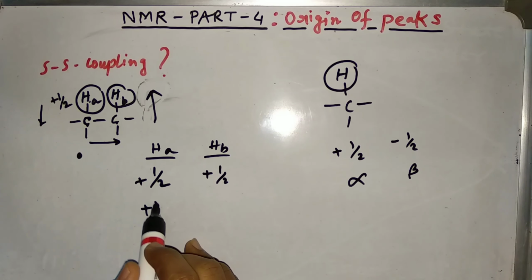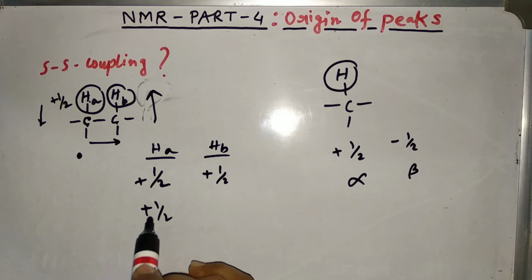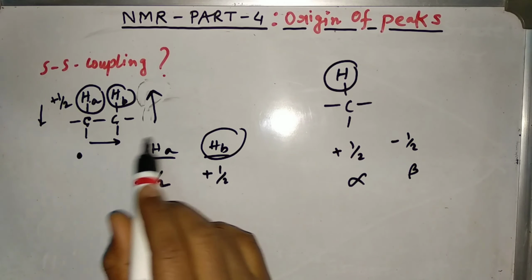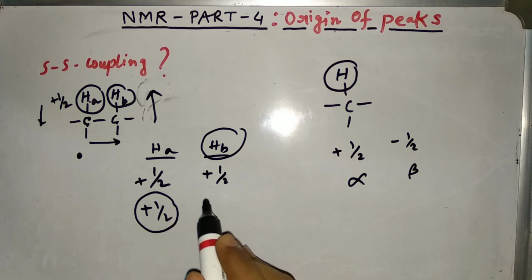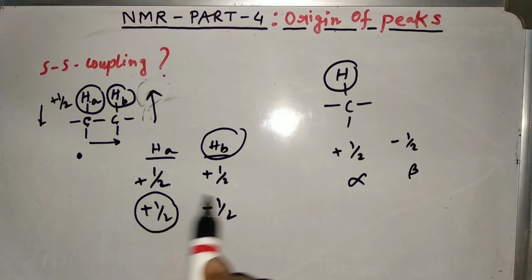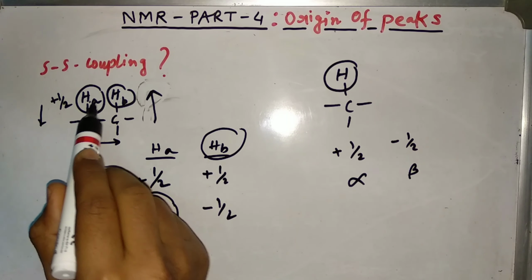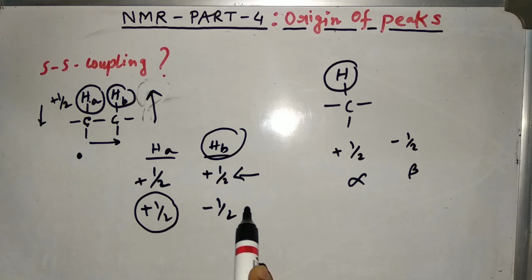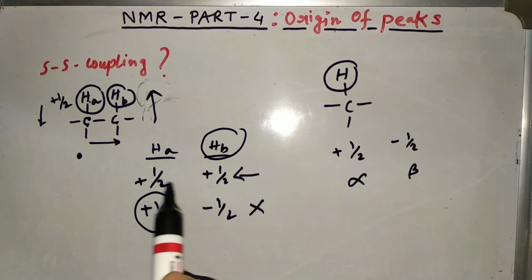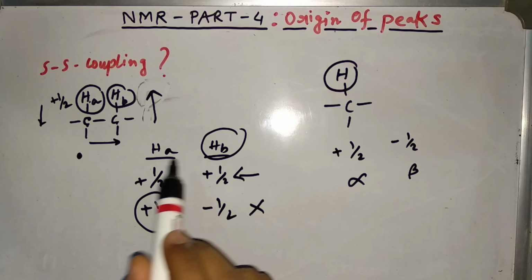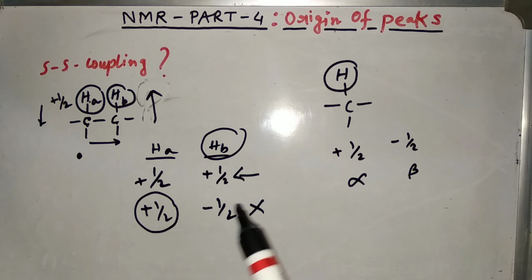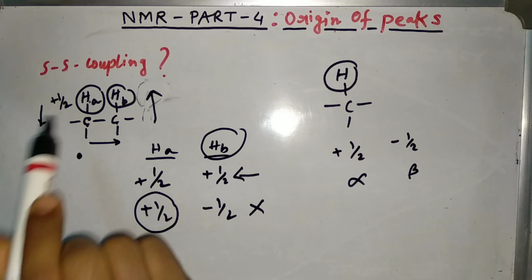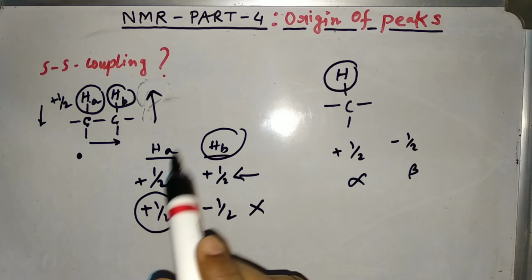But if HA has plus up spin state and HB doesn't align with HA's spin, then it will be minus up. Thus we can say that one proton couples with another proton in two ways. First, it will align, or second, it will not align. So the second proton will resonate due to the first proton two times. Because of this, the first proton, that is HA, will show two peaks.